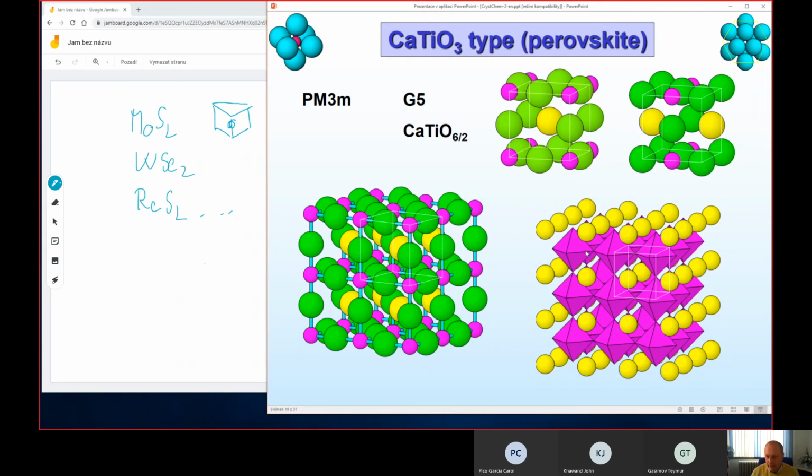As you can see here, the structure can be interpreted as an array of corner-shared octahedra, and the large cations are in between.